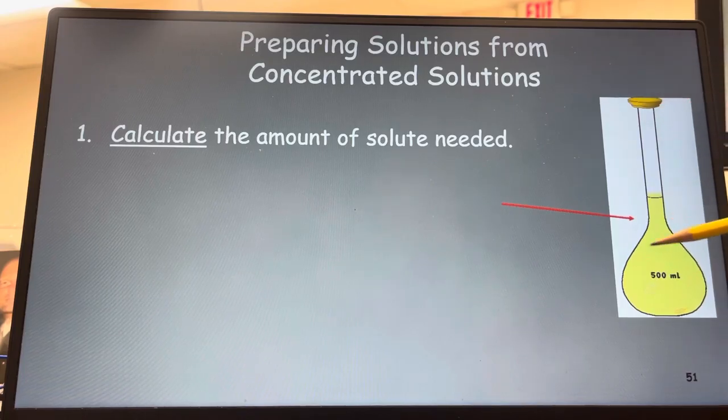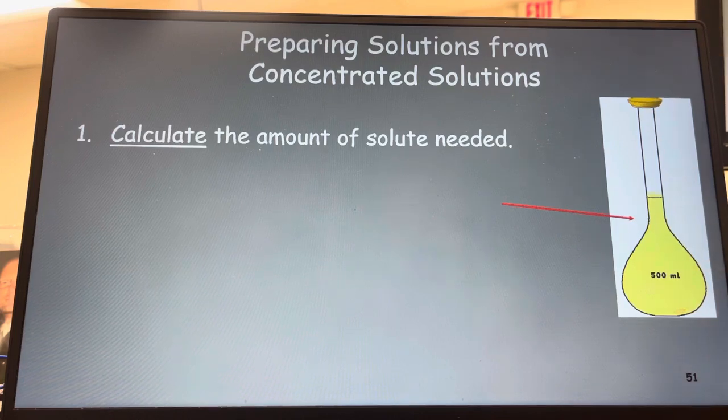They will prepare themselves in a laboratory or chemical storage workroom a concentrated solution of a substance, okay? But oftentimes, they won't need this concentrated solution. They will need a less concentrated solution or a diluted solution.